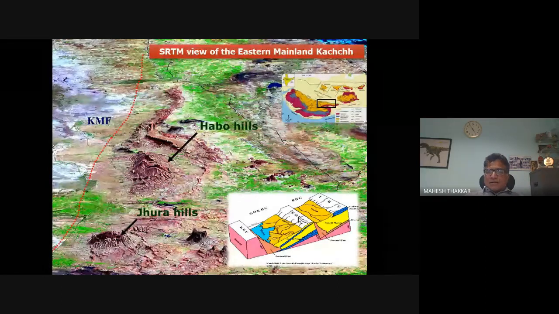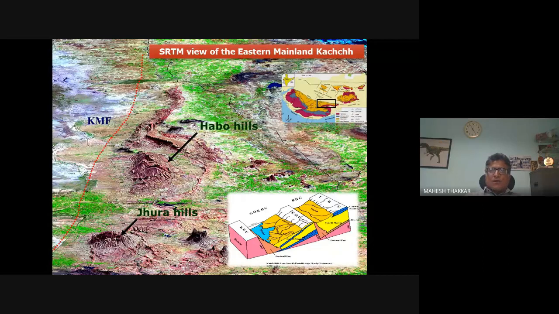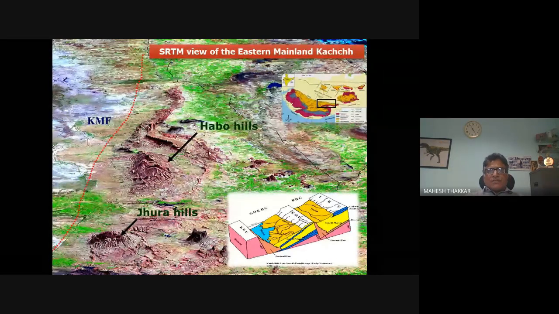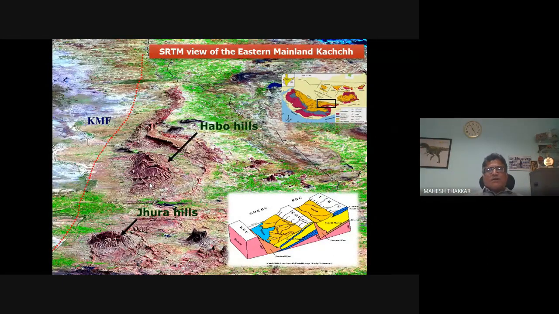That is why I have given more slides on it, because along this Kachchh Mainland Fault, there is a 150-kilometer long continuous or discontinuous Kachchh Mainland ridge or northern hill range, which has several structural domes of various size. It may be a small circular to larger kidney-shaped, elongated, several different sized domes.